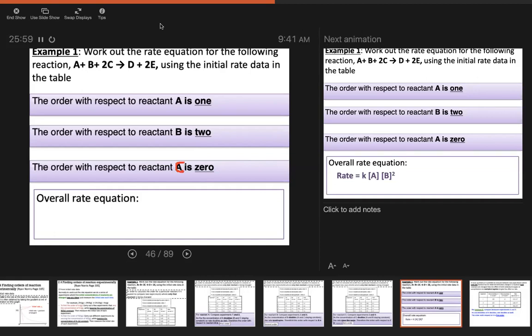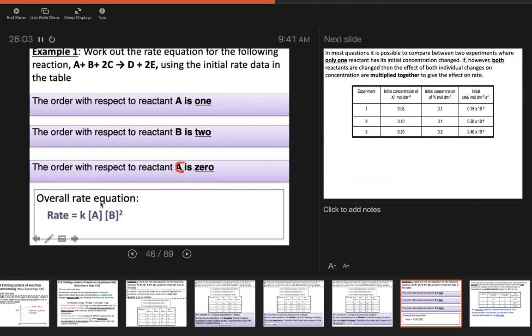Rate is equal to k, the rate constant, times the concentration of A to the power of 1, times the concentration of B to the power of 2, and the concentration of C to the power of 0. C to the power of 0 is just 1. That's why you don't see reactant C in this rate equation.